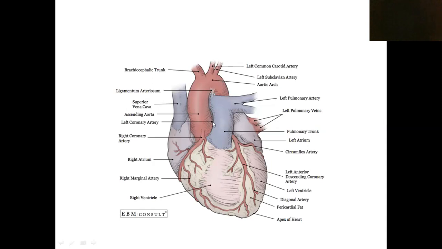So from this left posterior sinus, this artery runs forward between the pulmonary trunk and left auricle, and reaches this groove which is seen between the left atrium and left ventricle. It is known as the left atrioventricular sulcus. This is the anterior part, and it also has a posterior part. So anyway, first it runs forward between the pulmonary trunk and left auricle.